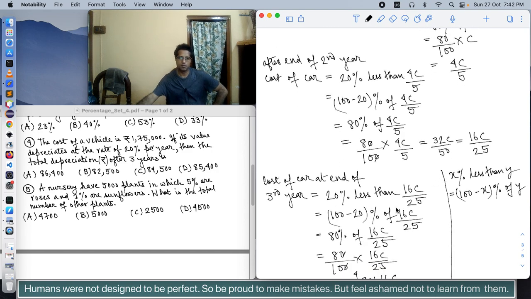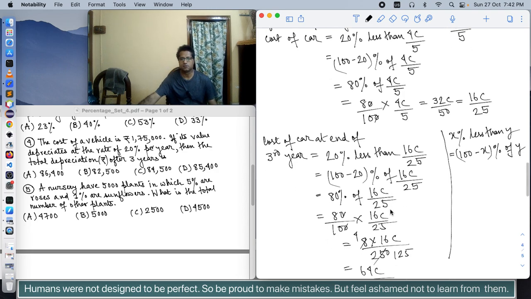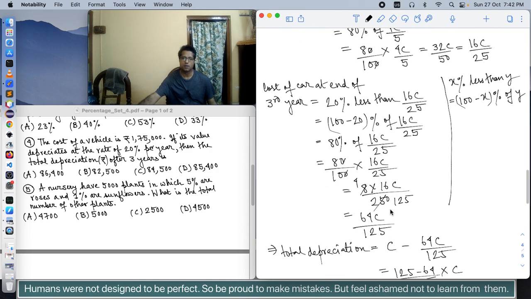So again, at the end of the third year, the cost will be 20% less than 16C by 25, which is 100 minus 20% of 16C by 25, which is 80% of 16C by 25, which is 80 by 100 multiplied by 16C by 25.